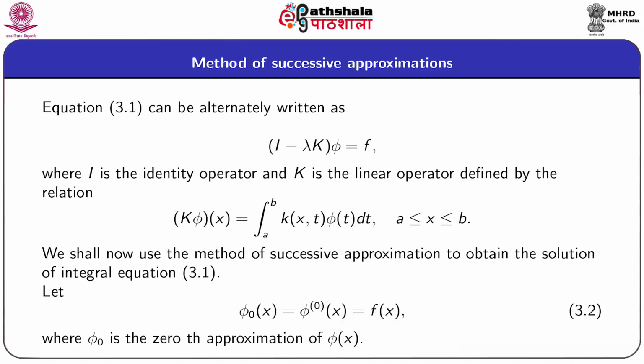One is phi naught x, another is phi superscript 0 x. At 0th approximation, both are same and both are equal to the forcing function f x as given in equation 3.2. So, phi naught x is the 0th approximation.